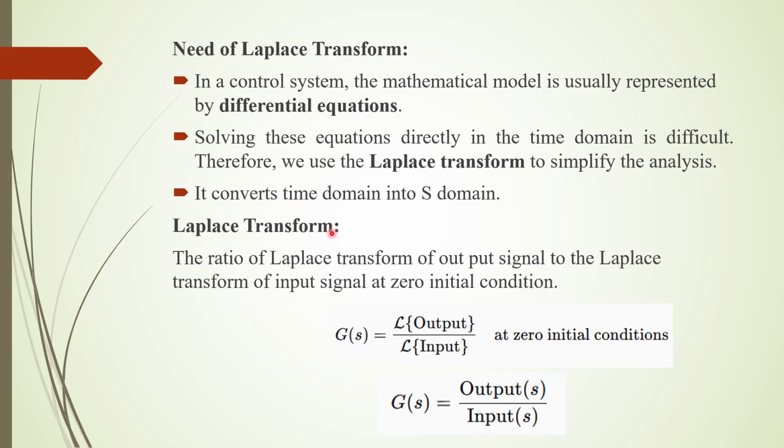So what is Laplace transformation? It is the ratio of the Laplace transform of the output signal to the Laplace transform of the input signal at zero initial condition. So we can write Z of S represents the Laplace transform: L of output over L of input at zero initial condition, which can be written as Z of S equals output of S over input of S.